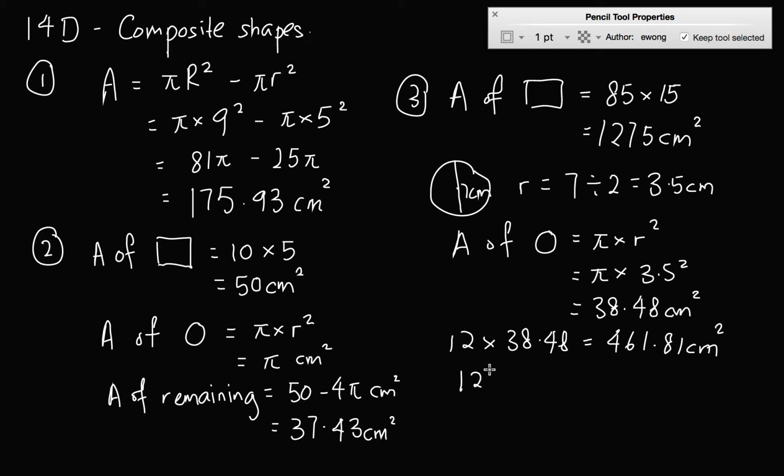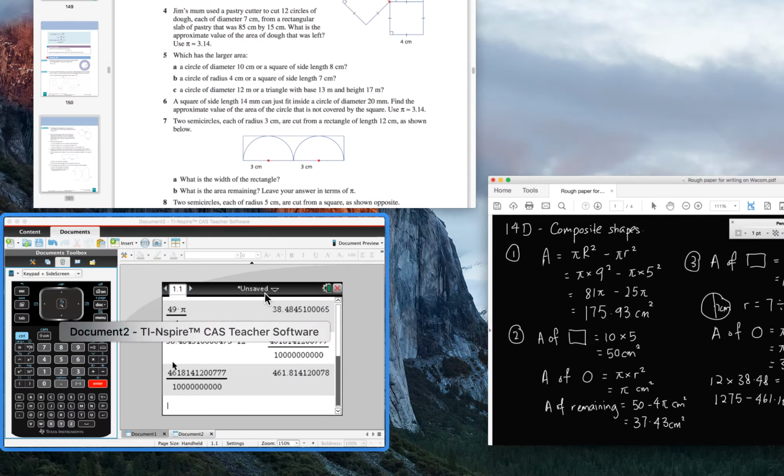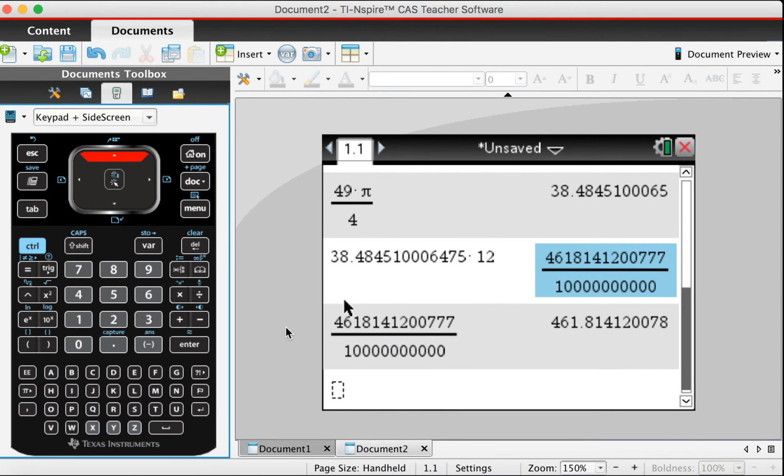That means it's 1275, which is the original slab of dough, take away 461.81, and let's find out what that is.